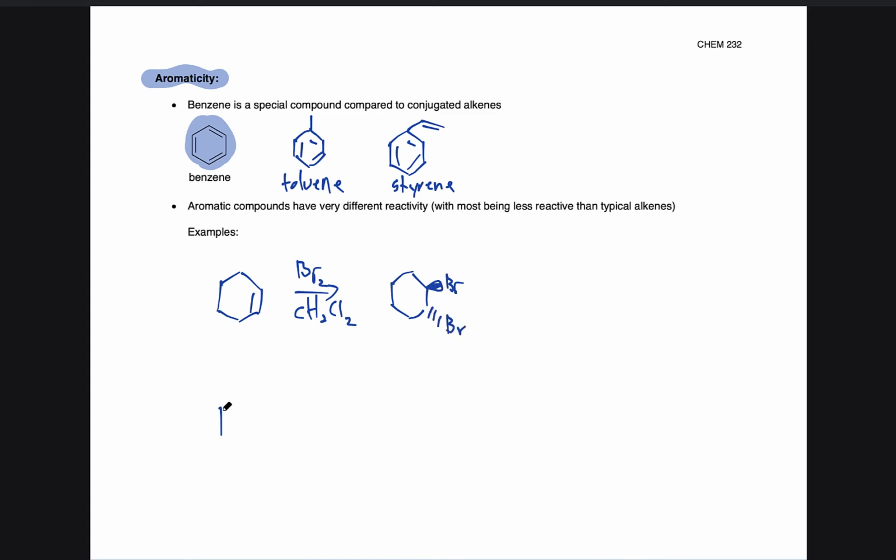We can't do that reaction with aromatic groups. Even though they're alkenes, the same reaction drawn above does not work. We can't get any bromination addition across the alkenes.